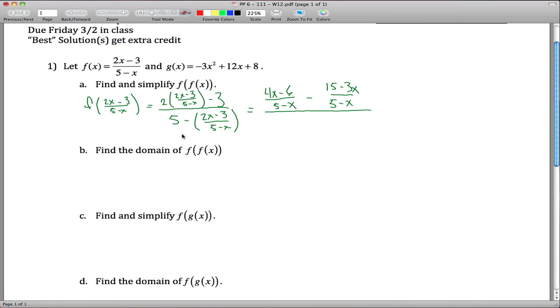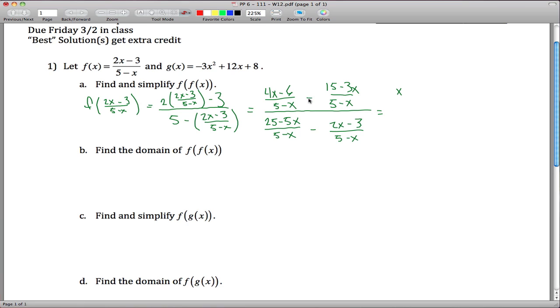Alright, now on the bottom here, I want my common denominator to be 5 minus x, so think about this as 5 over 1. Multiply that through, and you get (25 minus 5x) over (5 minus x) minus (2x minus 3) over (5 minus x). And now what I have is 4x minus negative 3x, so that is just x.